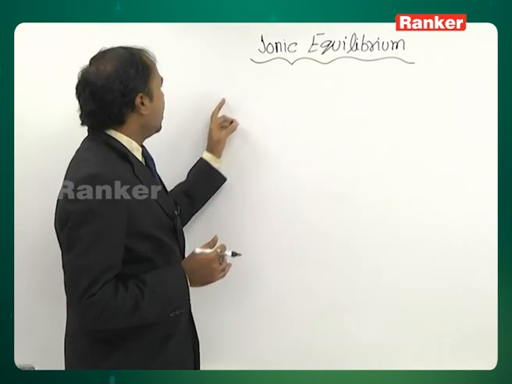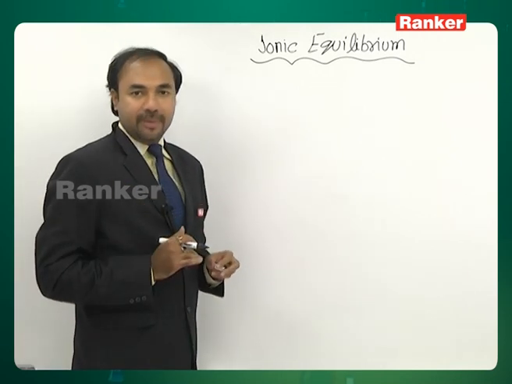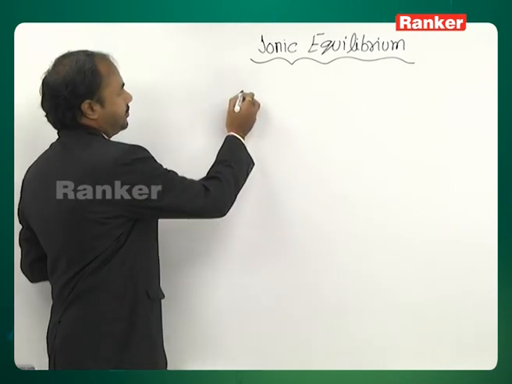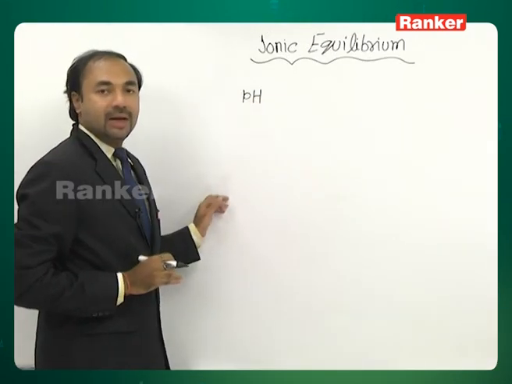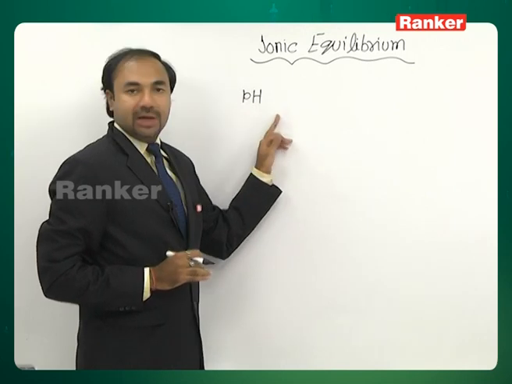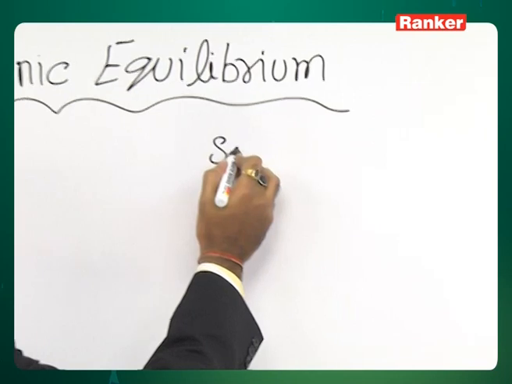Now, Ionic Equilibrium. The most important concept in Ionic Equilibrium is of pH. This is also called by some as power of hydrogen, and the term pH was given by a scientist known as Sorensen.